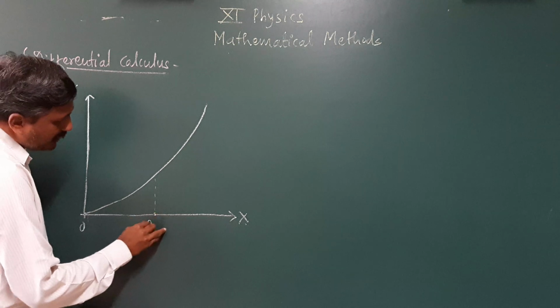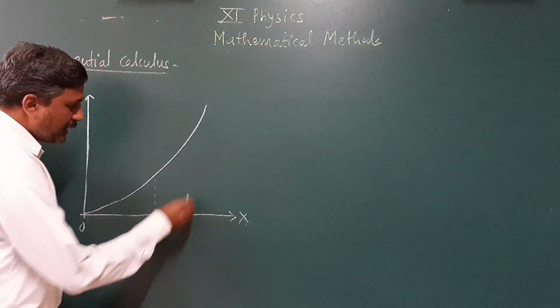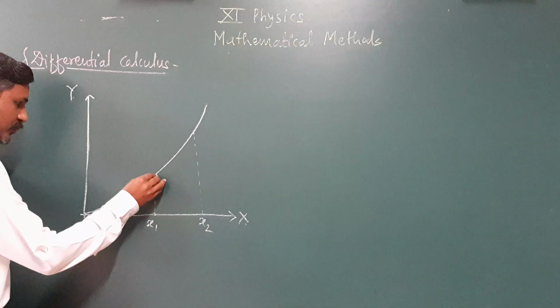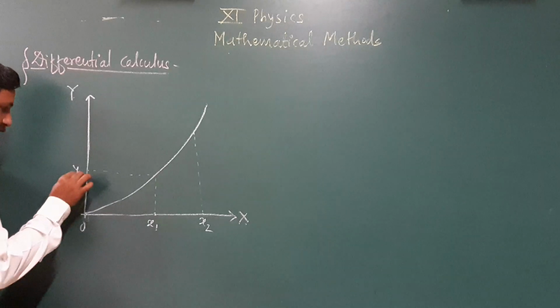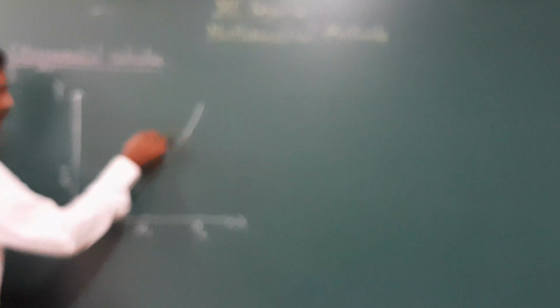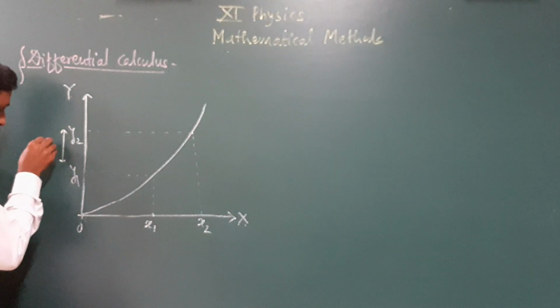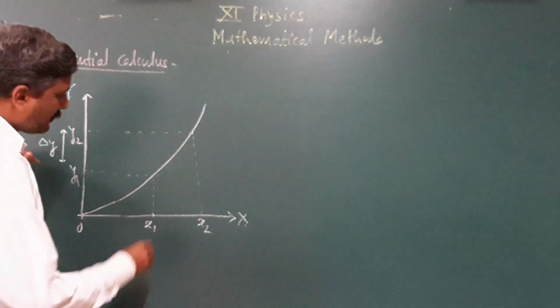This is the first point, let it be x1. This is the second point on the x axis, x2. This value is y1. This value is y2, and this difference is delta y.